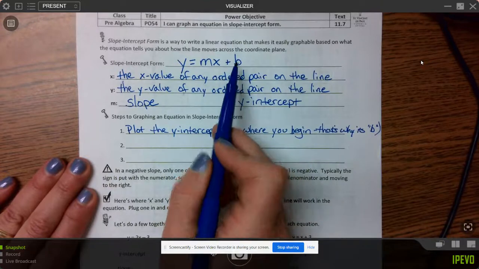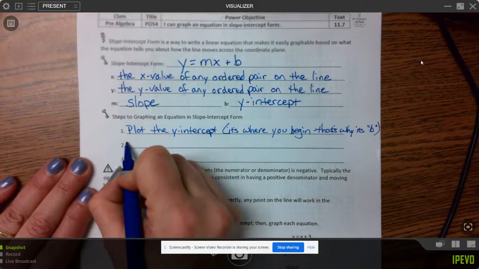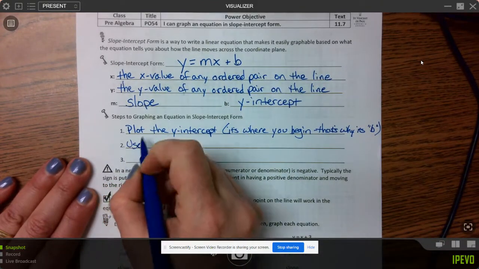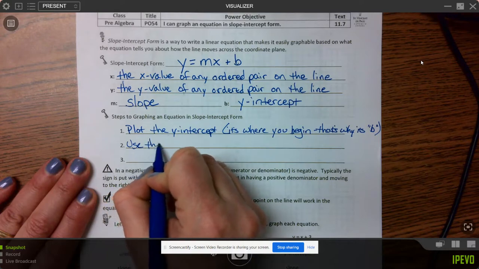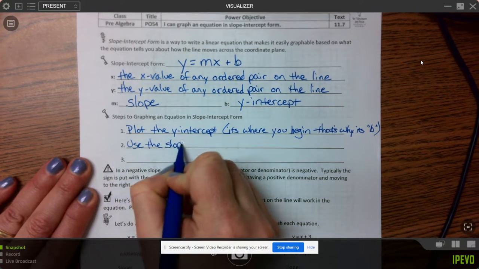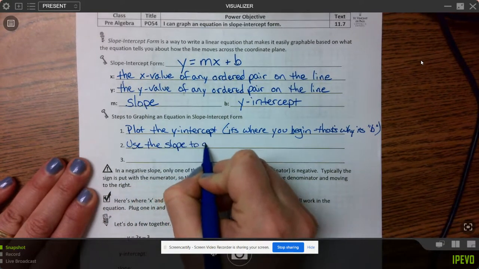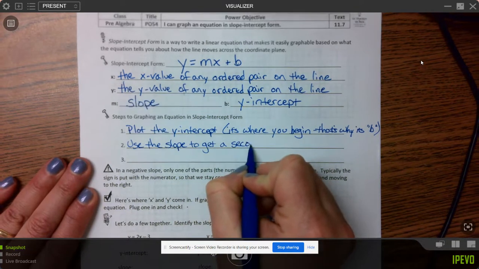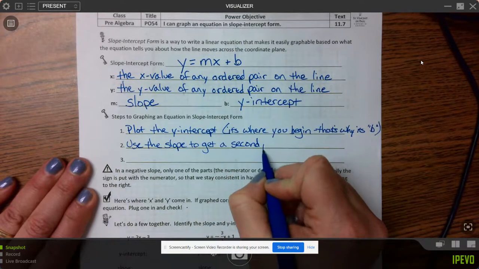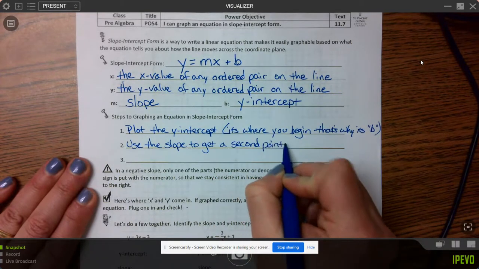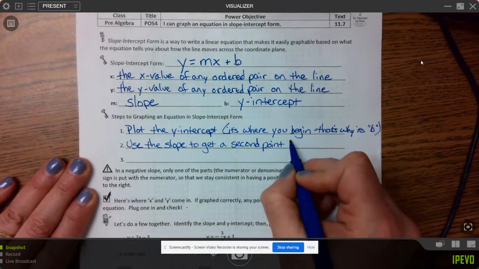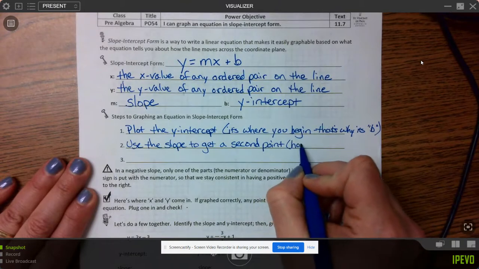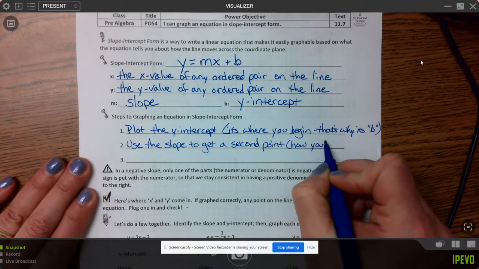So it's the B. Number 2 is we're going to use the slope to get a second point. We can use that y-intercept to get our first point, then we use the slope to get our second point, and that is how you move.